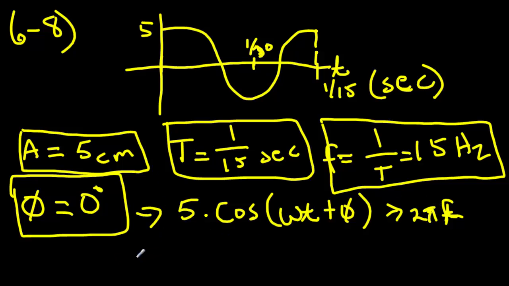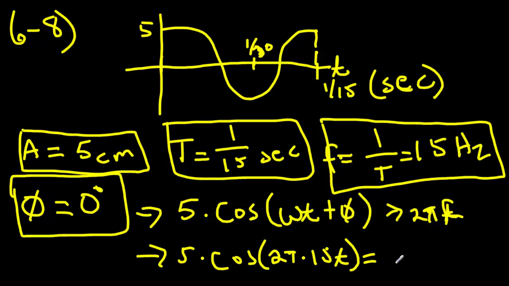So we can then rewrite this as 5 times the cosine of 2 pi times 15t plus 0, which equals 5 times the cosine of 30 pi t.